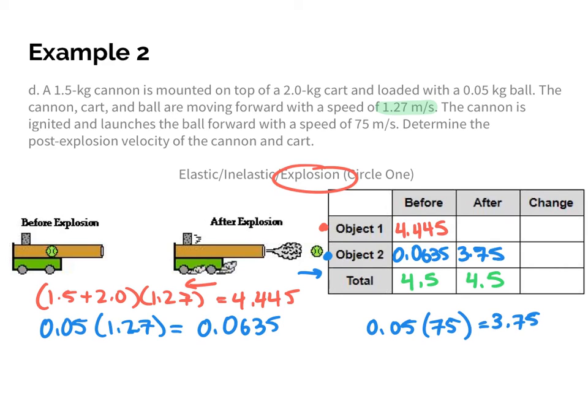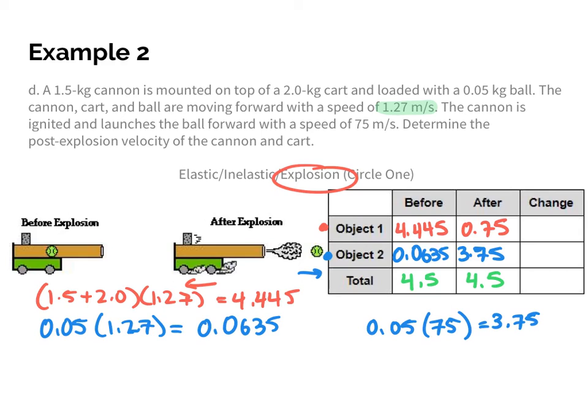So again, what has to happen here is that the cart and the cannon are going to have a certain momentum that would then add up to 4.5. So that means the cart and the cannon have to have an overall momentum combined of 0.75. That's going to get me to add to 4.5. So again, the 2 individual momentums have to add to the total.